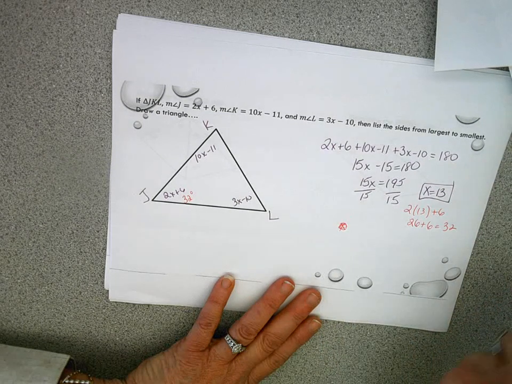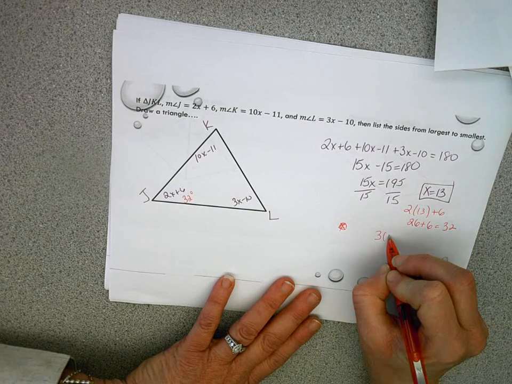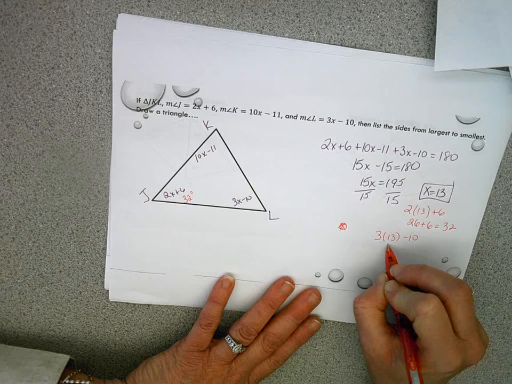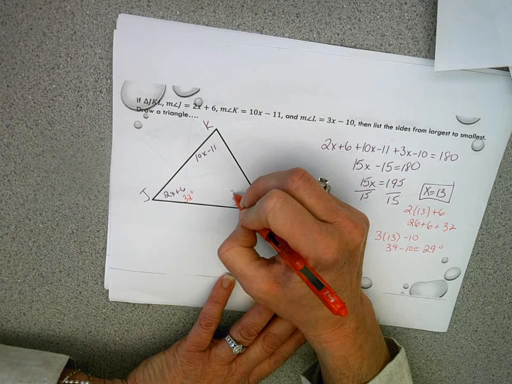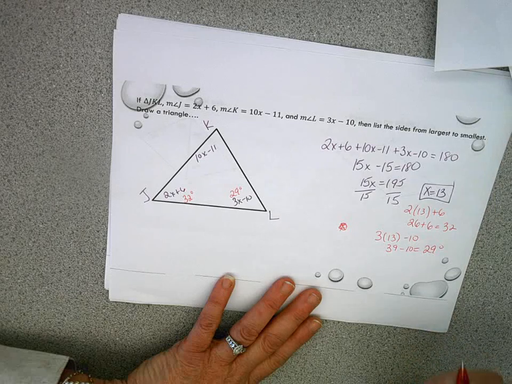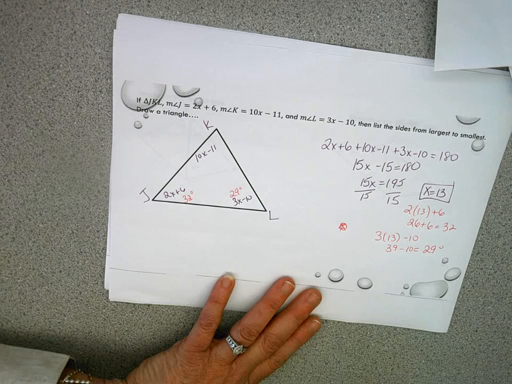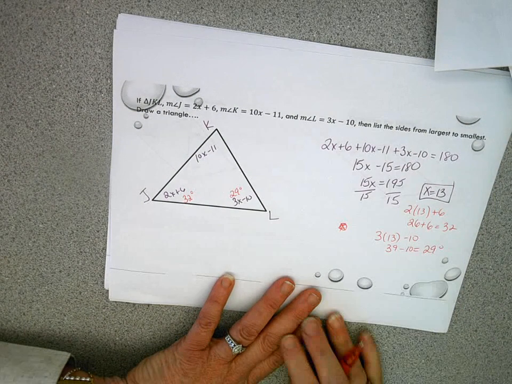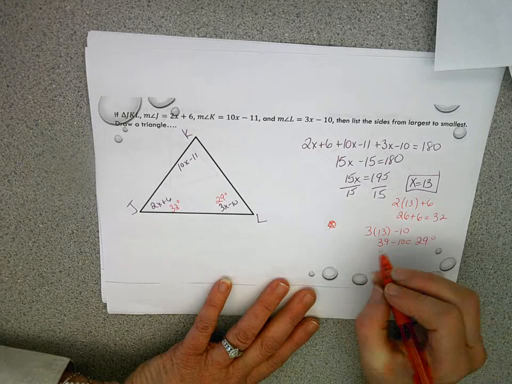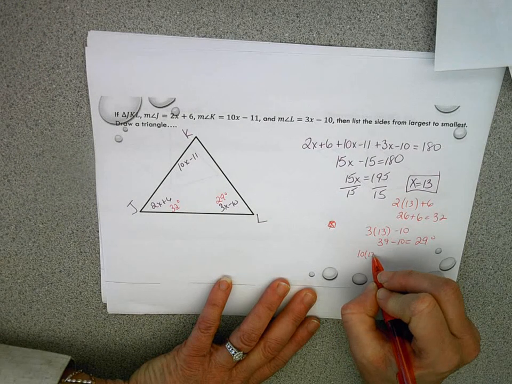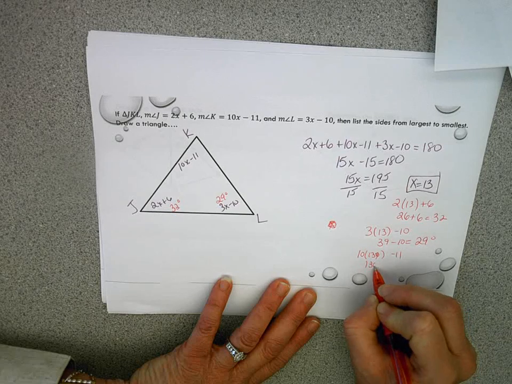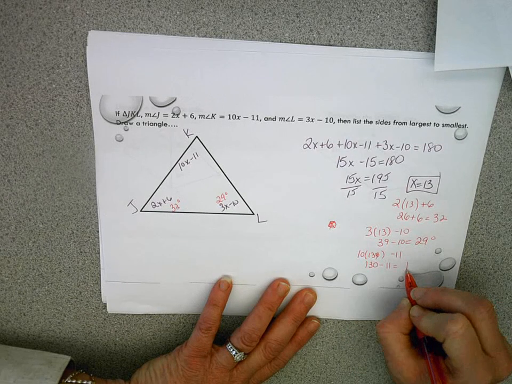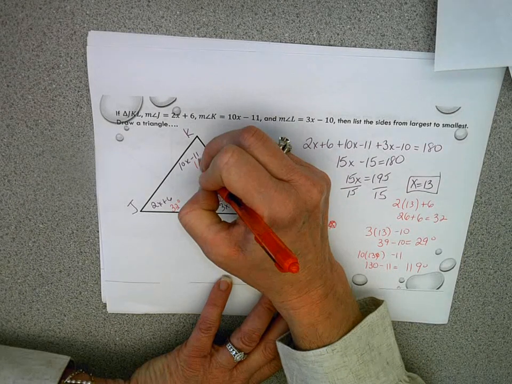Actually, let's do L first. 3 times 13 minus 10. 39 minus 10, 29. Ooh, we got a smaller angle. That one definitely has to be the biggest. I can add those two and subtract from 180 right now. Or, might as well just plug it in. 10 times 13 minus 11. 130 minus 11 should be 119. It is definitely the largest angle.